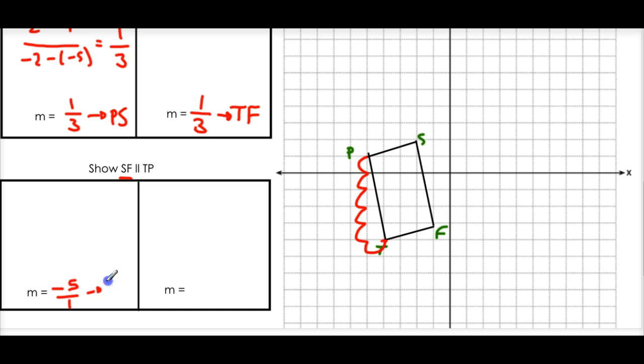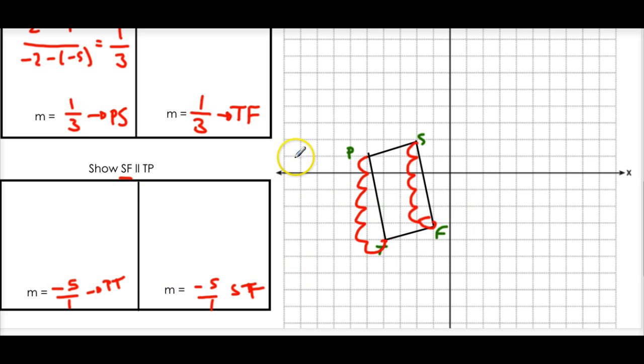And the slope of SF, it's down 1, 2, 3, 4, 5, and over 1. See right there? So I went down 5 over 1, and that is the slope of SF. And that shows that these two slopes are once again the same, so I know those are parallel.